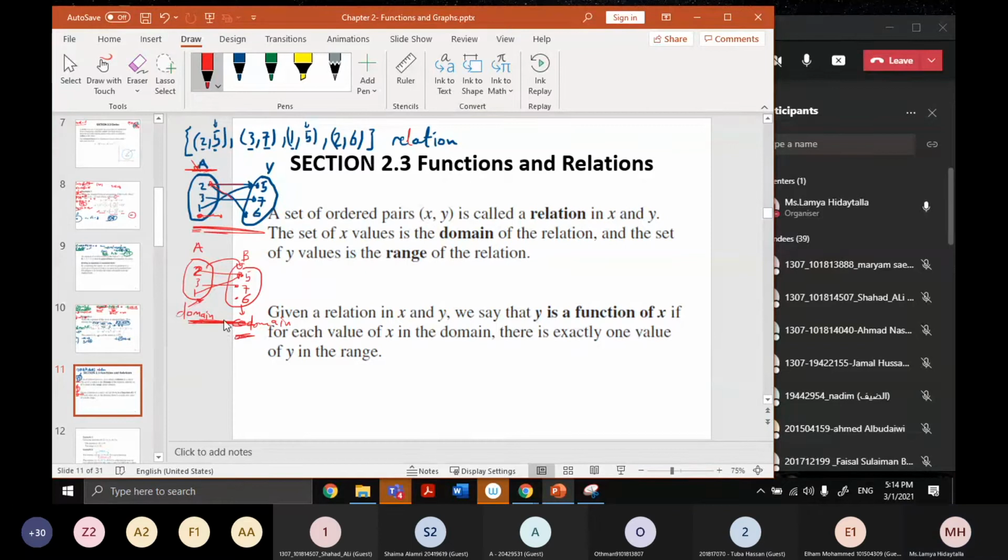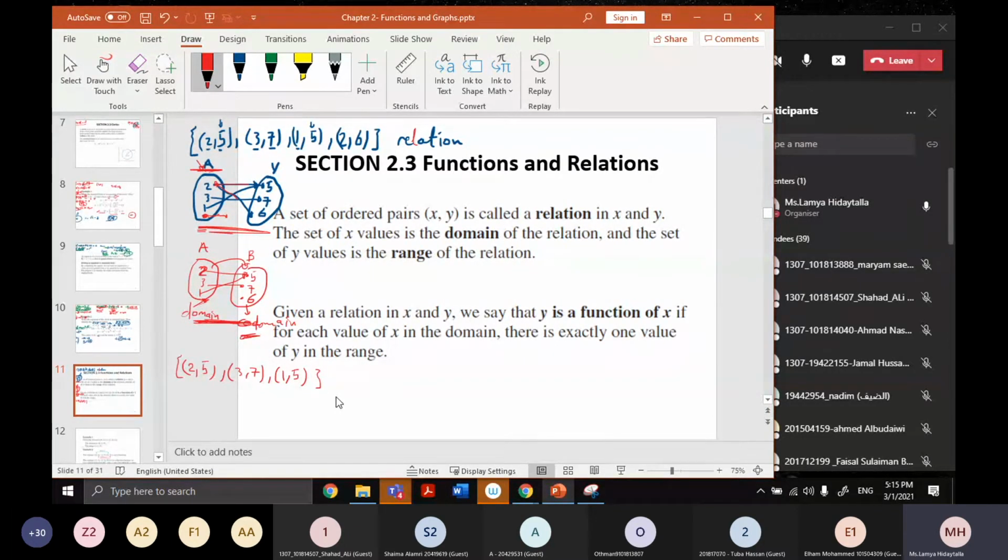Let's write the elements of this function. It is the elements 2 and 5. A 3 is mapped to the 7, while a 1 is mapped to the 5. So this is our function.